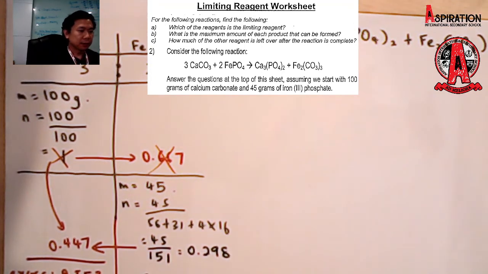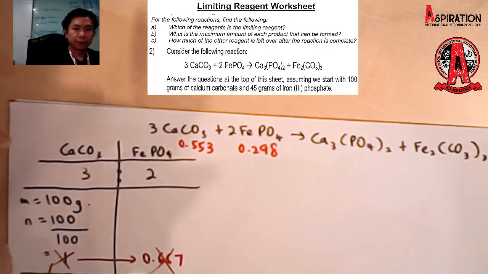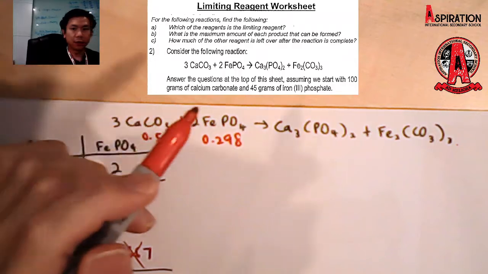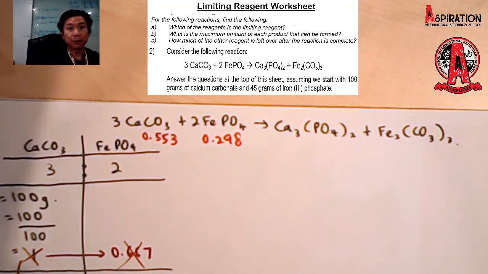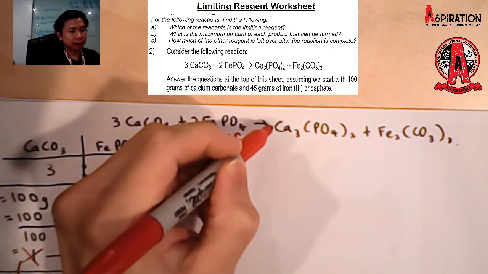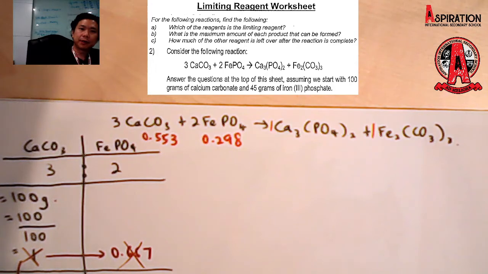Okay. So, all right. Now, how many moles of calcium phosphate is there? Put your answer down. How many moles of calcium phosphate and how many moles of iron tricarbonate is being produced?